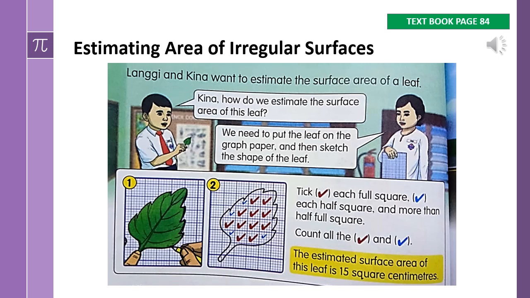In this case there are 15 boxes that are ticked, so the estimated surface area of this leaf in this slide is 15 square centimeters.